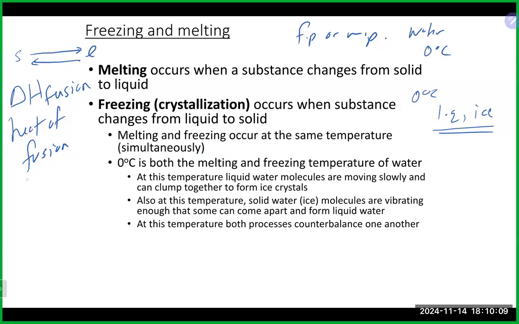For water, it's roughly 6.02 kilojoules per mole, or about 335 joules per gram. Going from solid to liquid, that's a positive 6.02 kilojoules, as it's an endothermic process. Going from liquid back to solid, it's a negative 6.02 kilojoules, as that is an exothermic process. It has to release that energy as you do that. Any questions on that there?